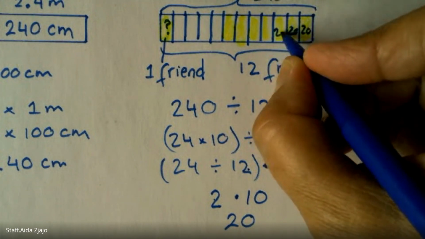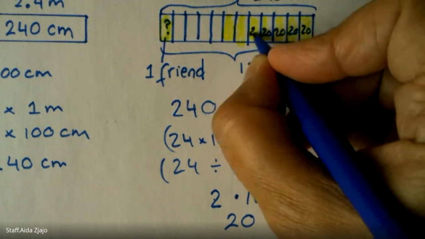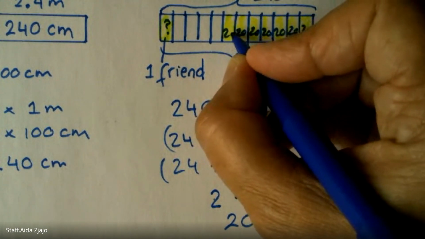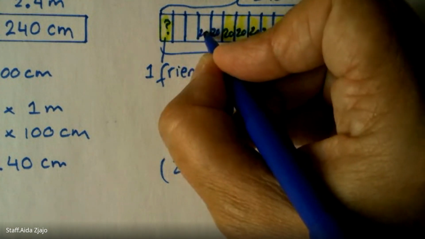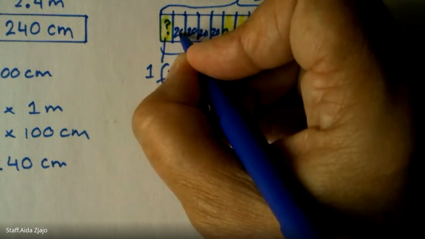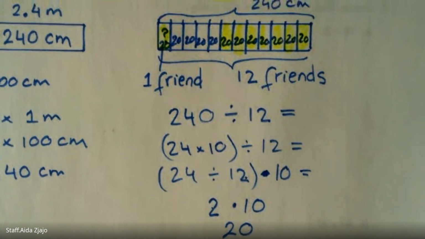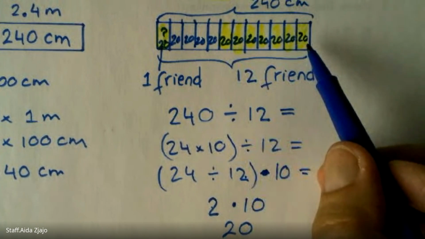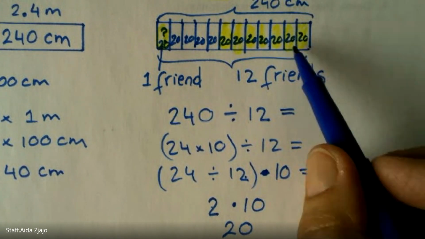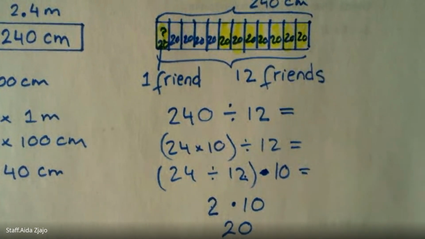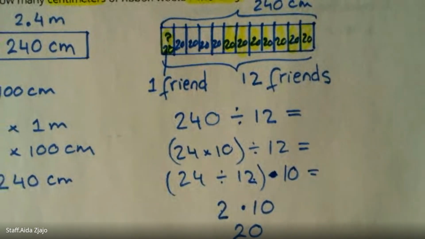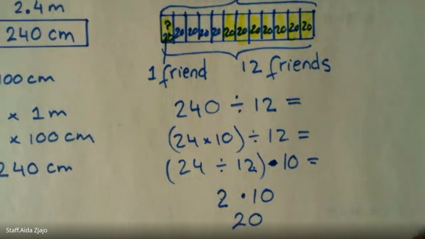So each of these is 20 centimeters: 20, 20, 20, 20, 20, 20, 20, 20, 20, 20, and 20. Right now you could see how many, if you skip count by 20, or you can just say 7 times 20 is what?